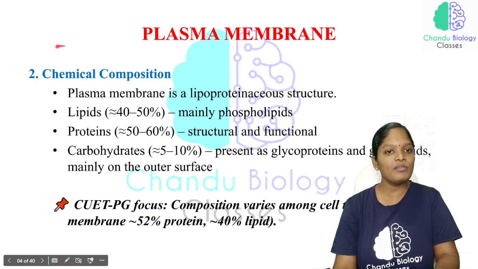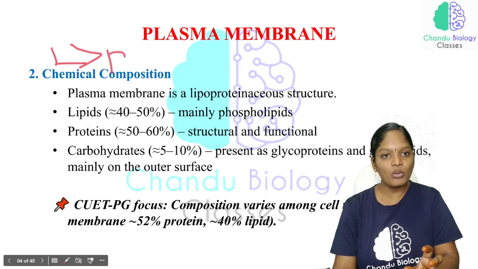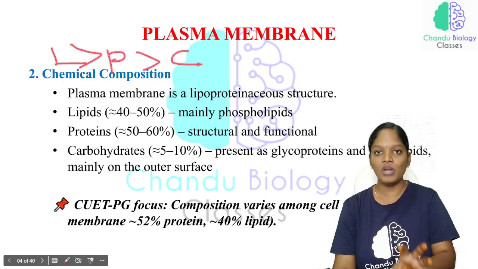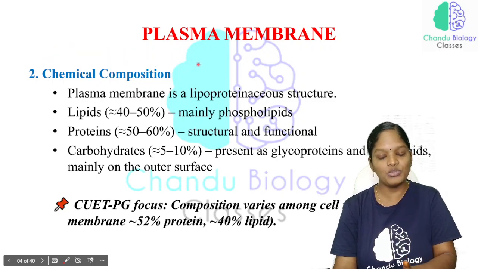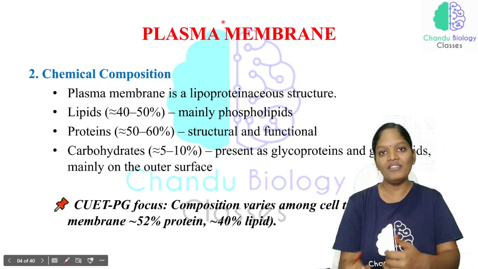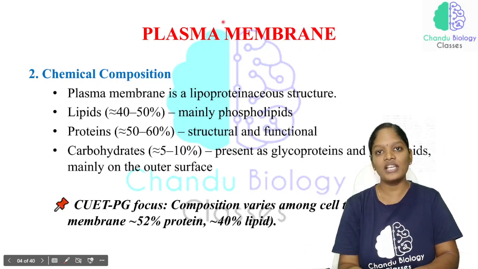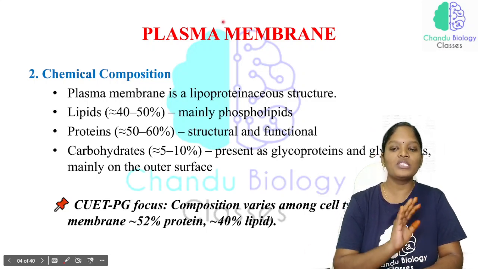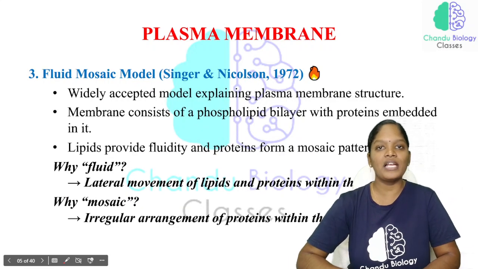But as I explained before, lipid is always the highest proportion in the cell membrane, followed by protein, followed by carbohydrate. There is an exception, that is the RBC membrane. So this may vary with respect to the cell where it is present, and their function as well as their structure. So this is the chemical composition of the plasma membrane.